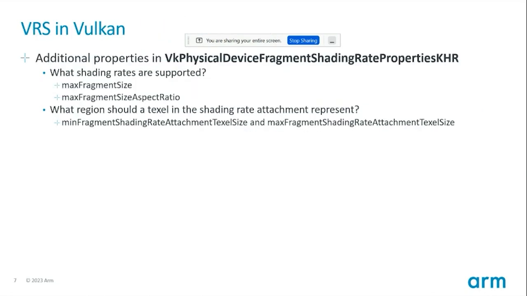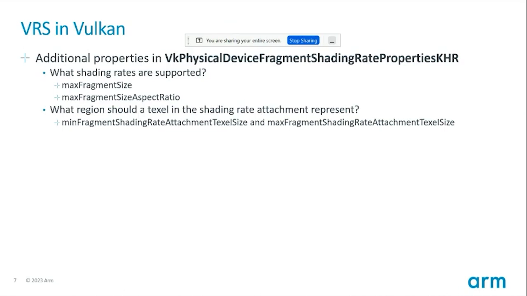This struct also contains some other important information, like what shading rates are supported. Some platforms support shading rates up to 4x4, others only up to 2x2. All shading rates have to be a power of 2, so 3x3 is not a valid shading rate. They don't have to be square, but they do have to abide by the maximum supported aspect ratio, which on every platform I'm aware of is 2.